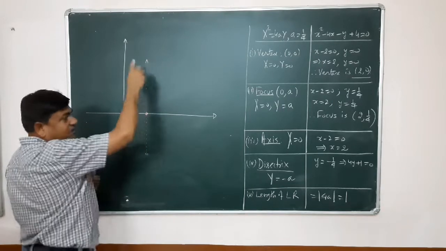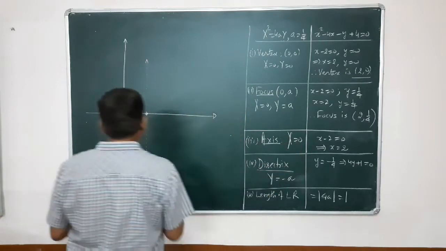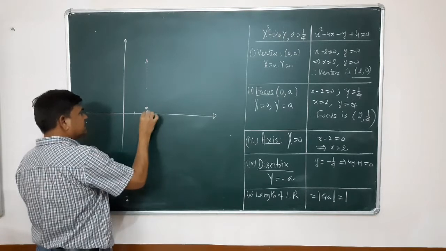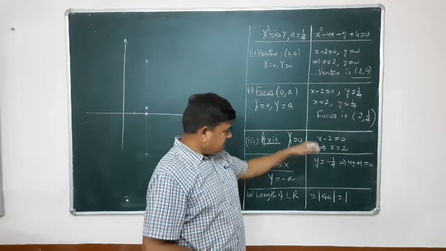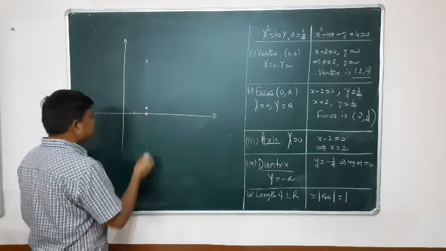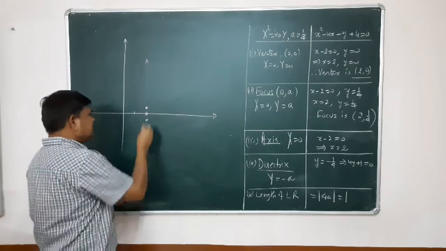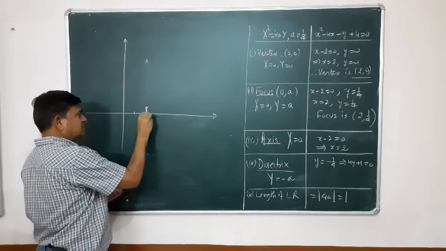Parabola is symmetrical about this line. Focus 2, 1 by 4, here it is, a little bit up. This is the focus. Directrix is below this, y equals minus 1 by 4. Remember, this distance and this distance must be equal.